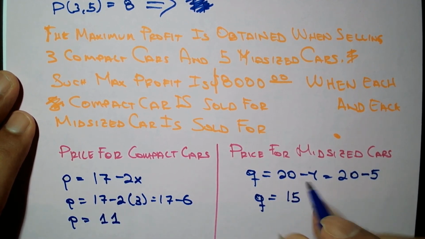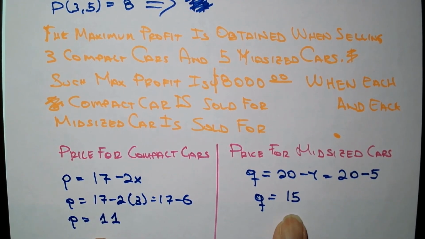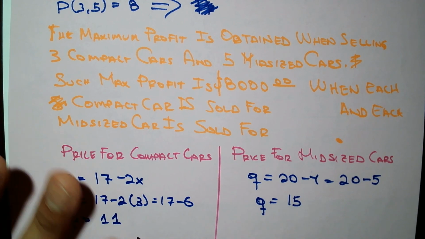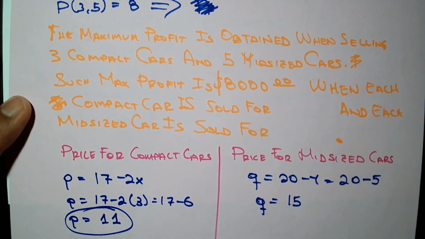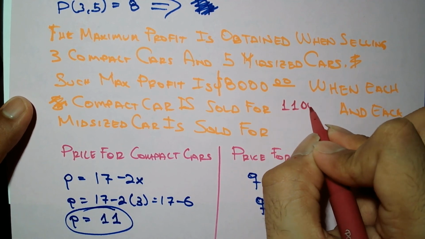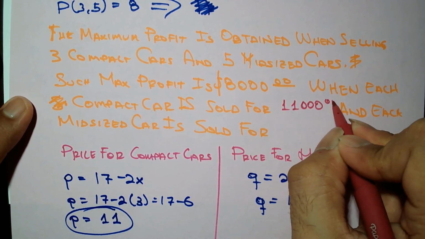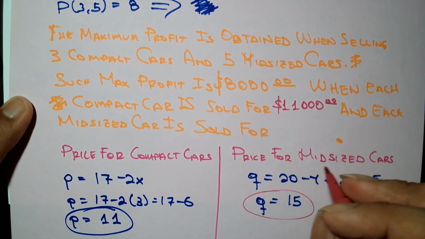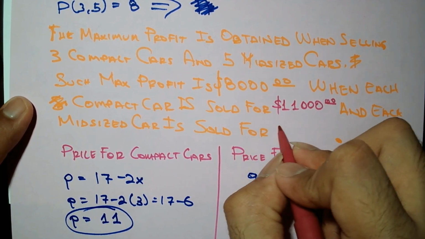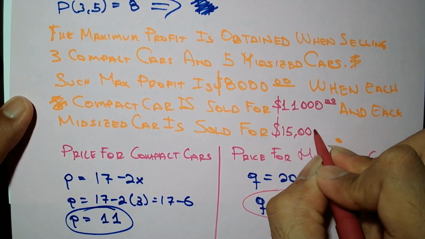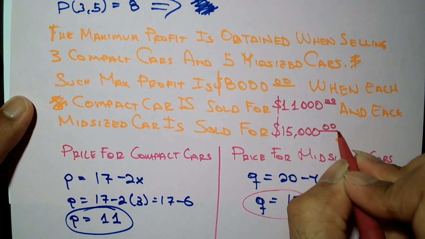But again, these prices are in thousands of dollars. So each compact car is sold for $11,000, and each mid-sized car is sold at a price of 15,000.